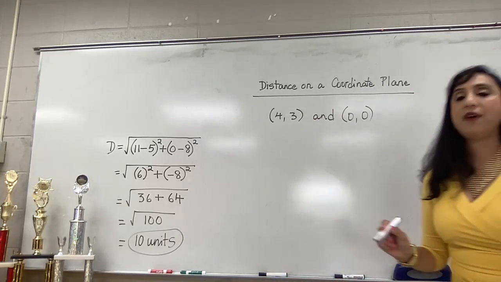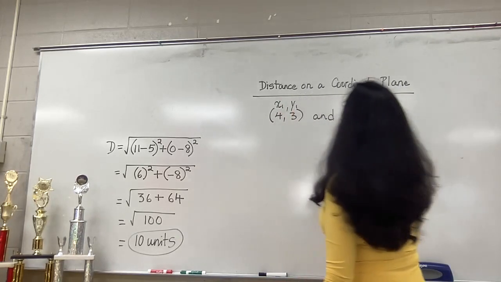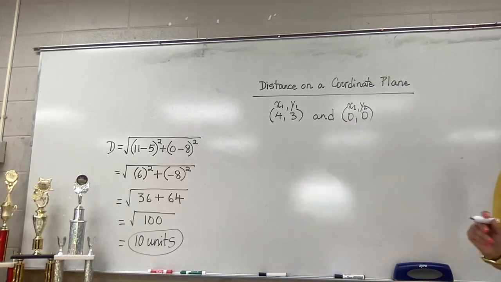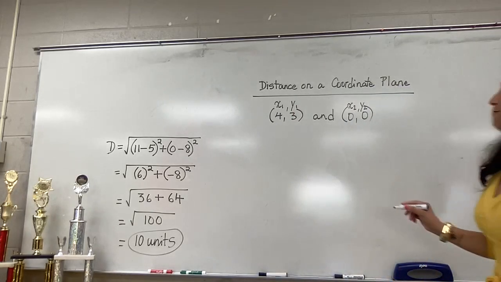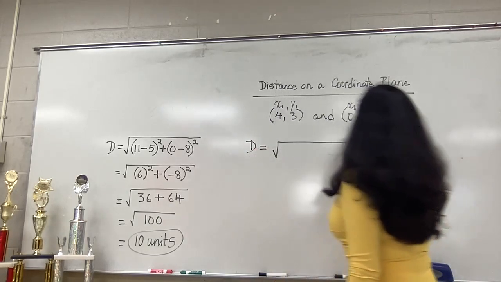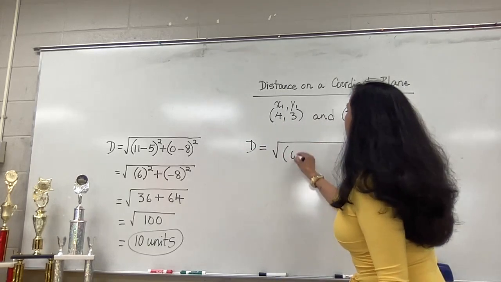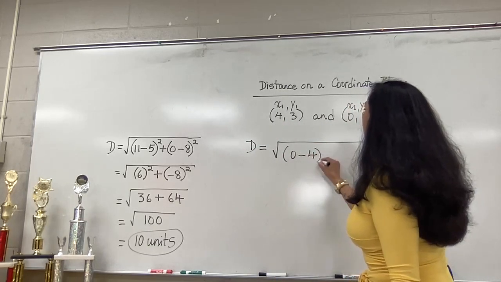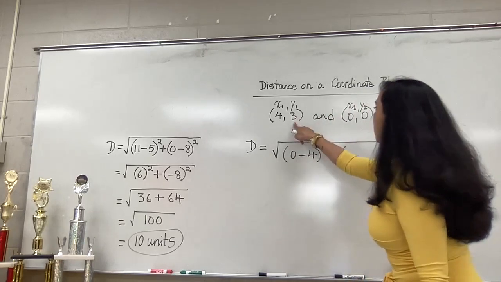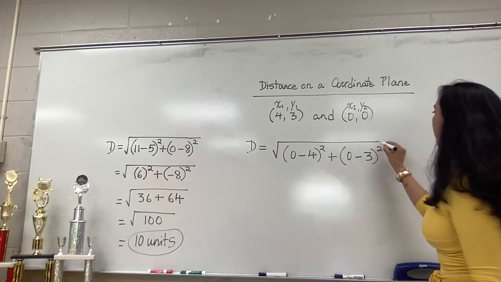Again, we know this is x1, this is y1, this is x2, this is y2. We are going to use the same formula, where distance is equal to the square root of x2 minus x1, so 0 minus 4 squared, plus y2 minus y1, which is 0 minus 3 squared.